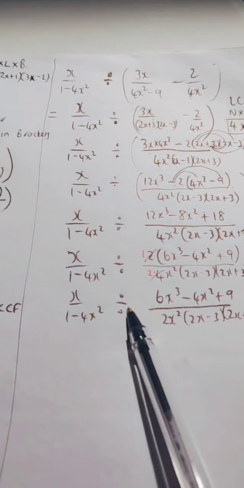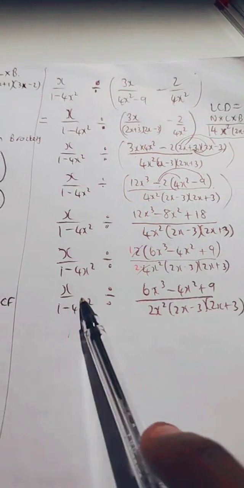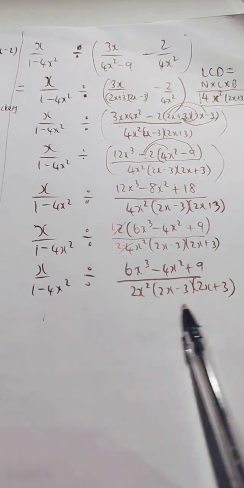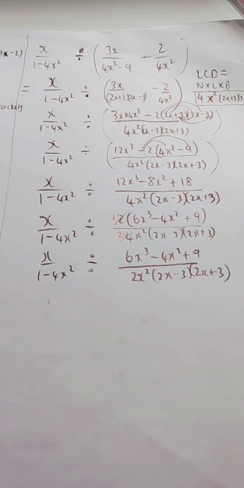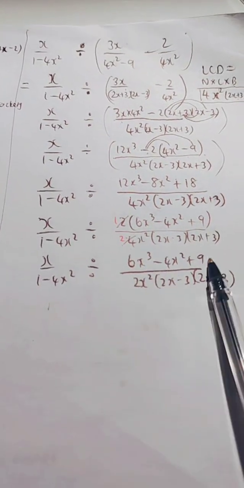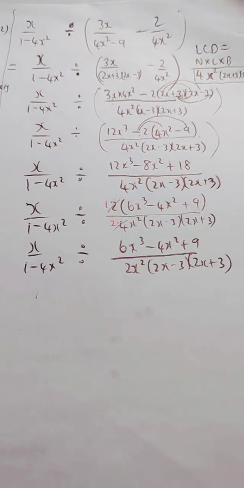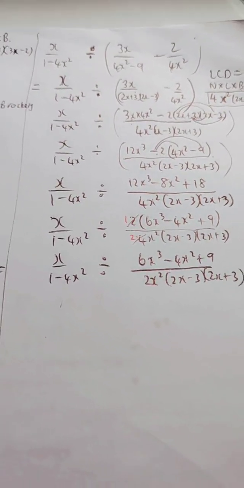Then what happens now is we can look at this fraction, there's one term, and this fraction, there's also one term. We have simplified sufficiently for the numerator and the denominator. We can't simplify any further.